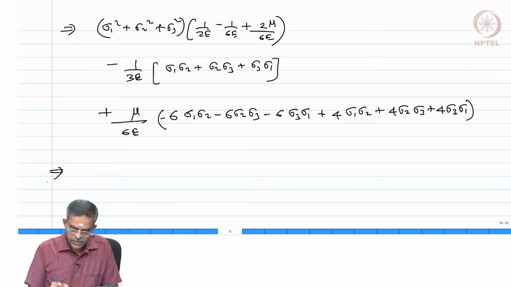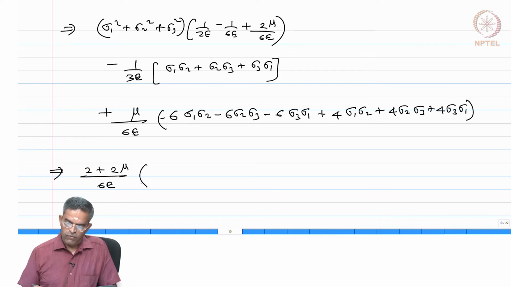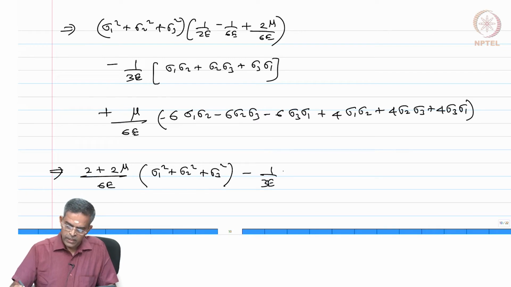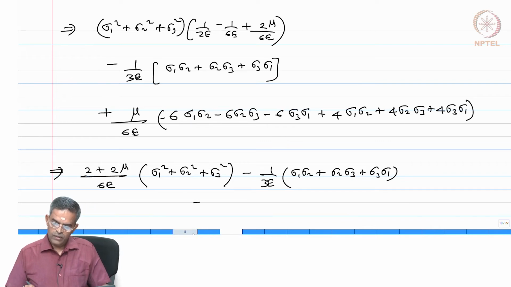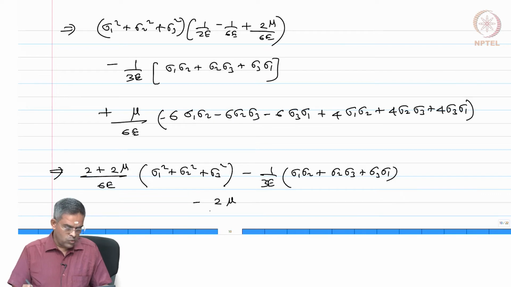Okay. Let us simplify this. So which I do that, I will get 2 plus 2μ by 6E of squares minus 1 by 3E of products minus 2μ by 6E of products.